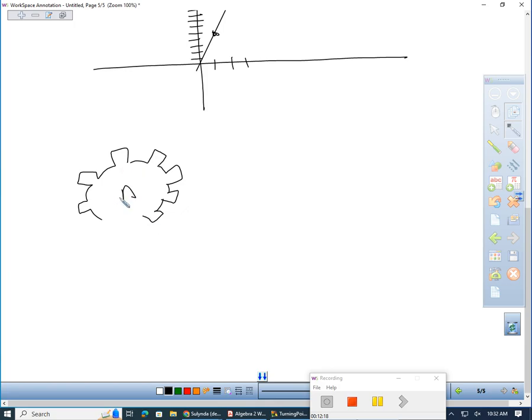So this is gear A, okay? Gear B, this is gear B with a big handle on it, and we're turning gear B.